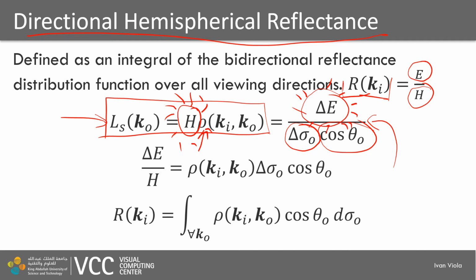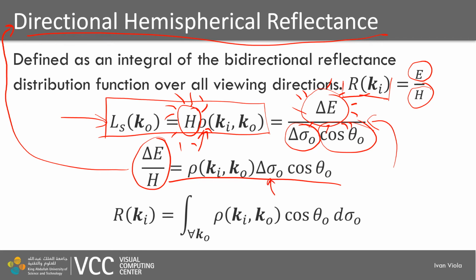So if we put them on one side, we can express this fraction, which is in fact the directional hemispherical reflectance, from a certain direction as the value of the BRDF scaled by the solid angle and by the cosine theta of the outgoing direction.